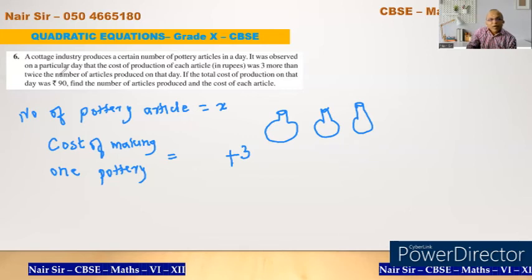Twice the number of articles produced. How many articles are being produced? X. What will this become? 2x plus 3.